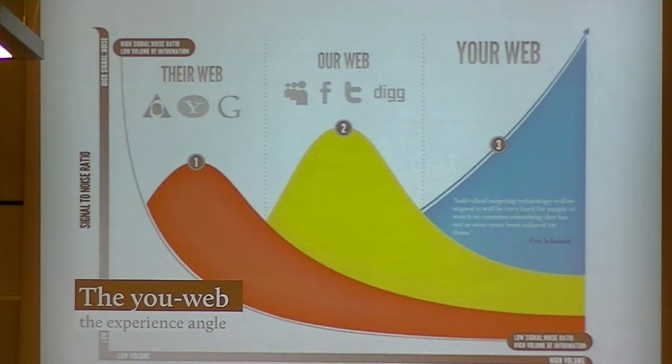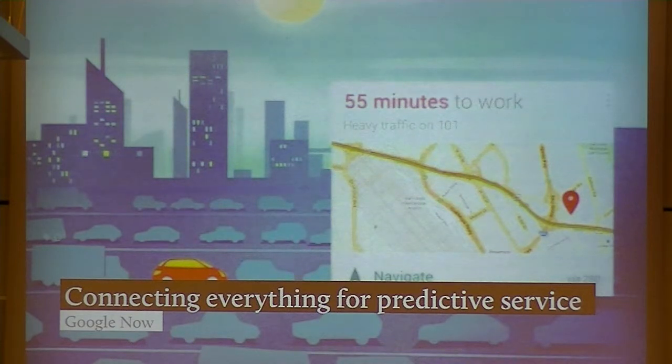This is a graph I have used for some years now because it says something about services, but also about products. We are moving from a publication-oriented web to a social web, to a U-web, a web where everything is customized, adapting to your profile, to the data you are exhausting.